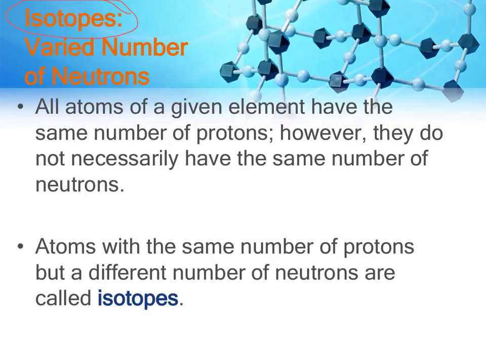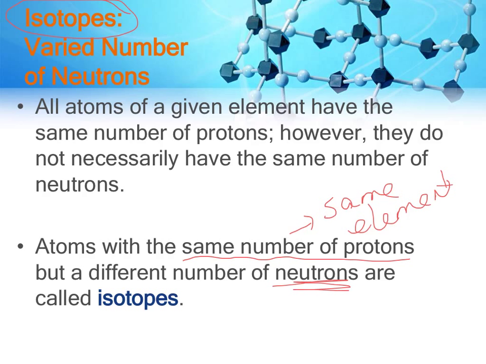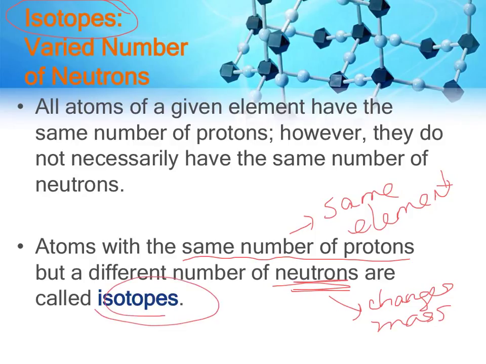An isotope is an atom with the same number of protons, which means it's actually the same element, but it has a different number of neutrons. Neutrons do not change the element, they only change the mass. So if you see something that has the same number of protons but a different number of neutrons, that is an isotope.